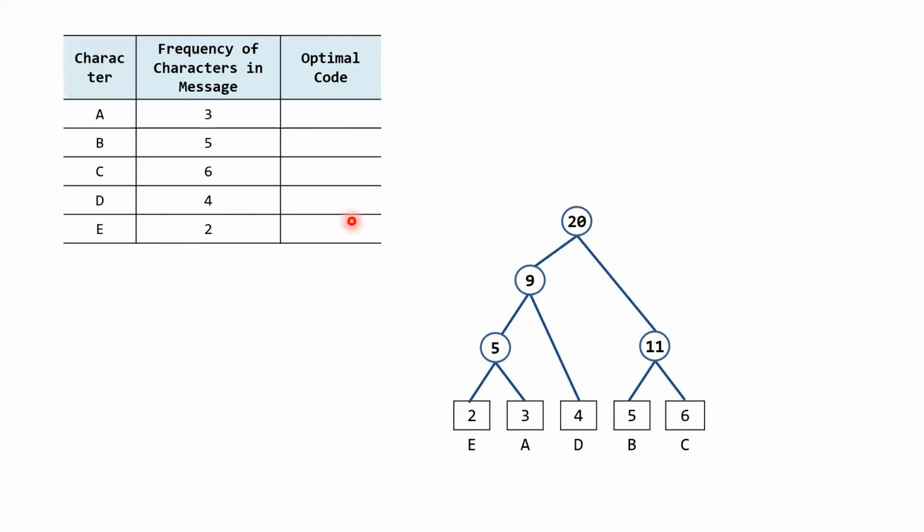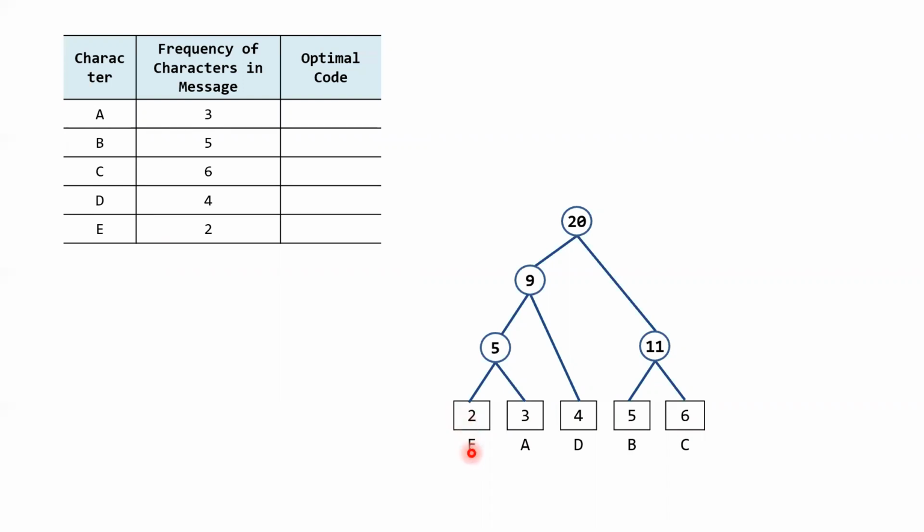Now I will have to generate optimal codes. For that, I'm going to apply the optimal merge pattern concept, greedy approach, to generate optimal codes. So for that, first I'm going to take leaf nodes. Each leaf node will be a character along with its frequency.